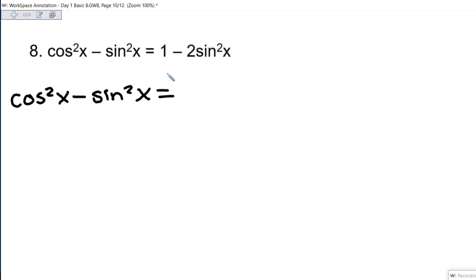Negative 2 sine squared. So that means somehow I need to get rid of cosine squared, and it has to have, well, it has to have a 1 and a negative sine squared. So if it has a 1 in it, it would have to be an identity, the Pythagorean identity. Sine squared plus cosine squared equals 1.